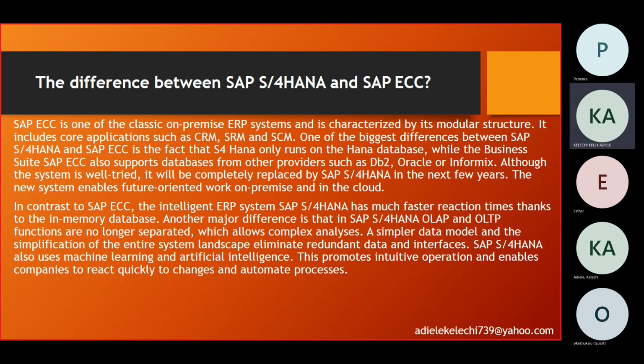So S4 put them together in one table, the universal journal, and applied the concept of simplicity and compactability views to handle those tables. So you have one table now that can give you access to a lot of information at once, instead of in ECC, where you have to jump from one table to another trying to get the information you're looking for.